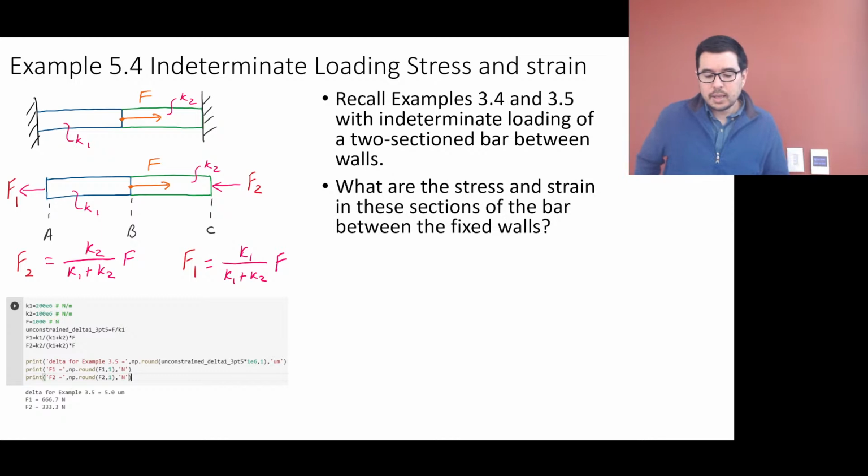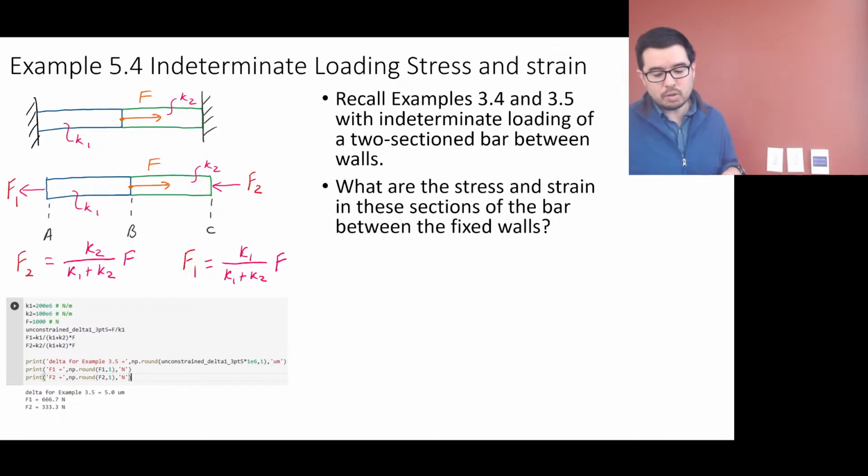So let's look at an example with indeterminate loading. This is the same one from session 3, where we were using the Ks, and we said the internal load in this member is proportional to the stiffness in that member. So if this is a very stiff member, that means this internal load is going to be quite high.